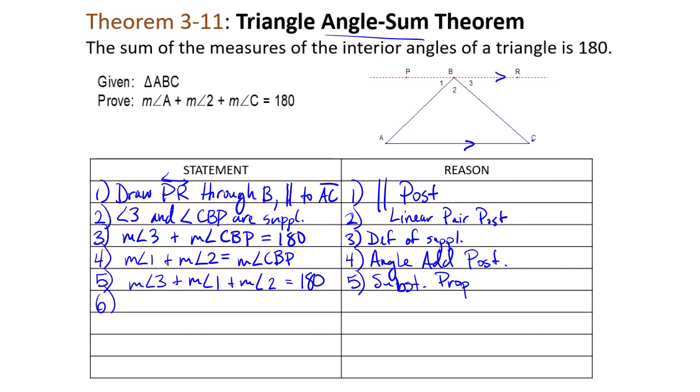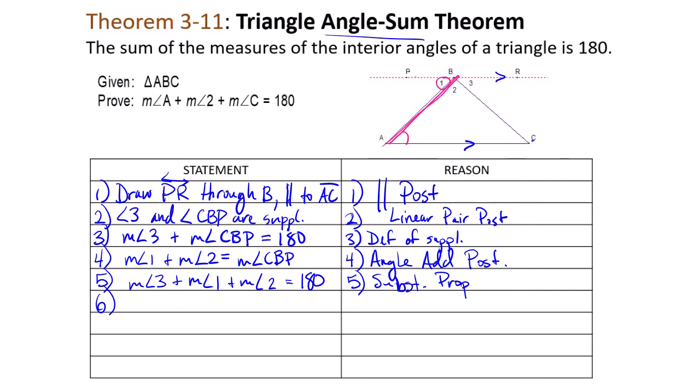And so now we can start using our parallel line information, right? So angle 1 here, if PR is parallel to AC, then I have two transversals, right? I have this transversal and I have this transversal, right? So angle 1, the transversal is AB, right? So angle 1 would be congruent to angle A, right?